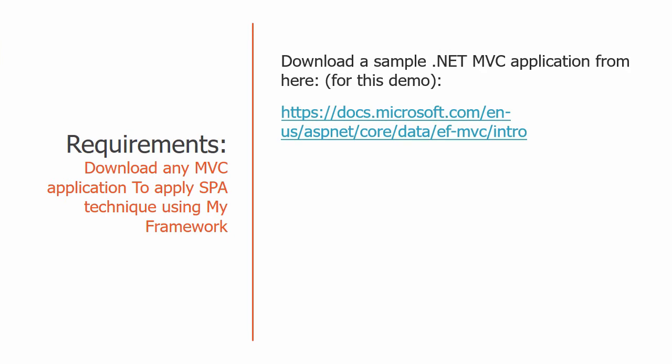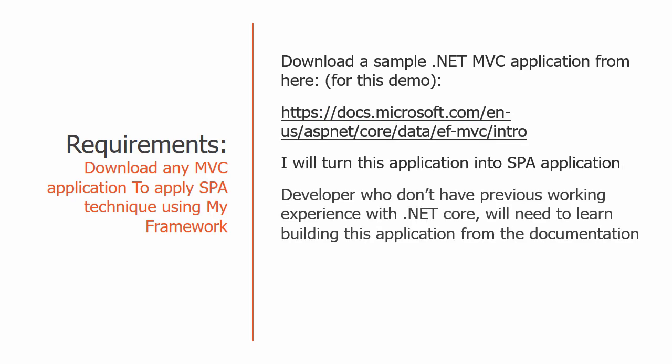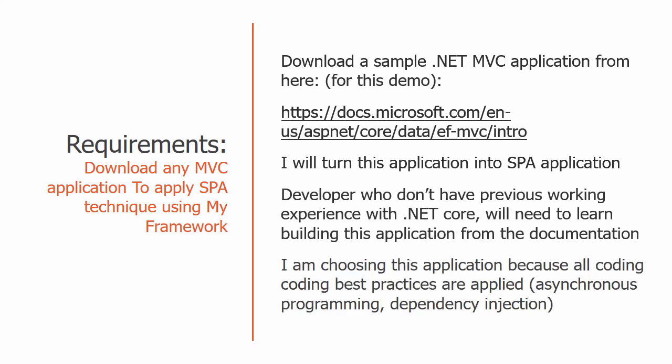I will download a sample .NET MVC web application from the below link. Developers who don't have previous working experience with .NET Core will need to learn building this application from the documentation.